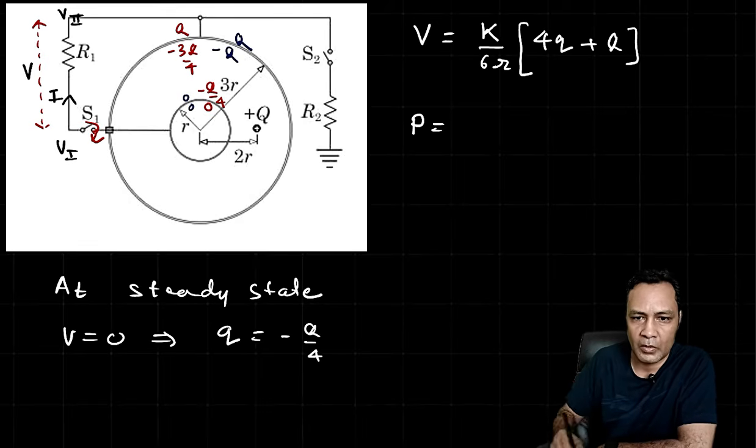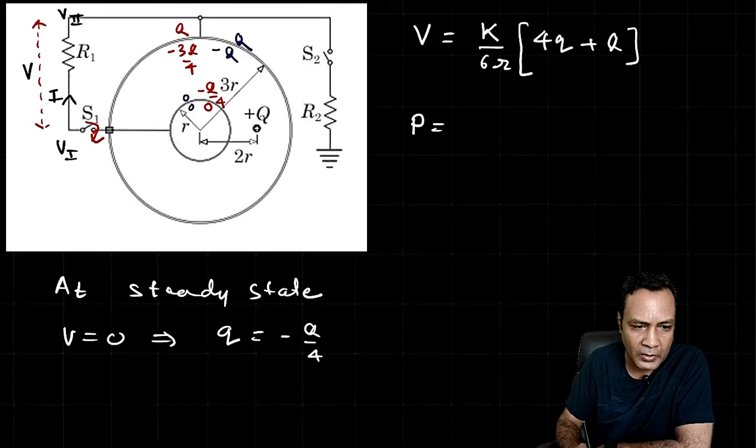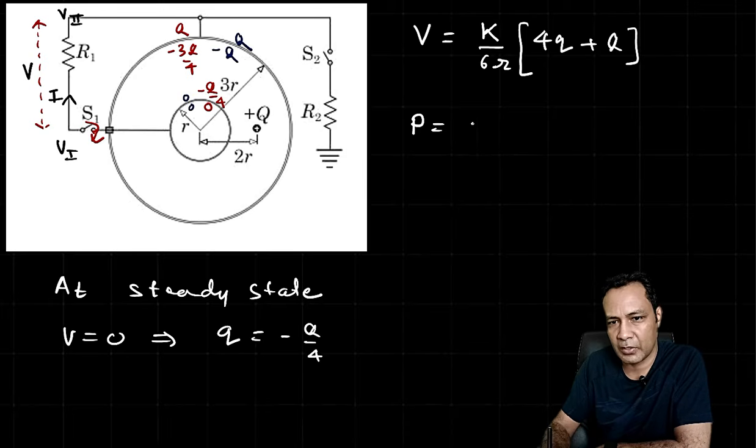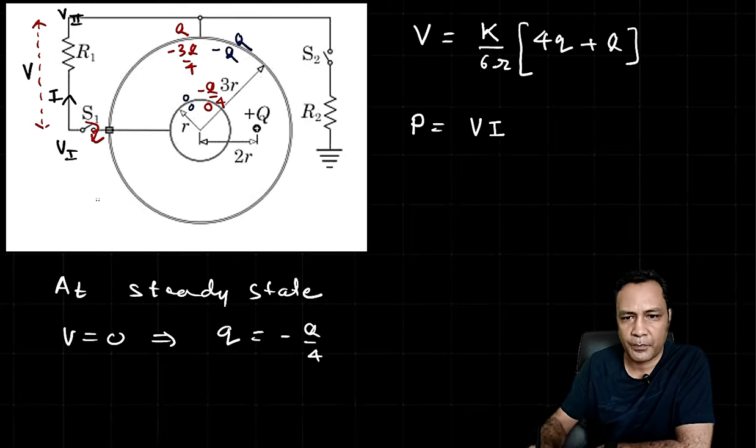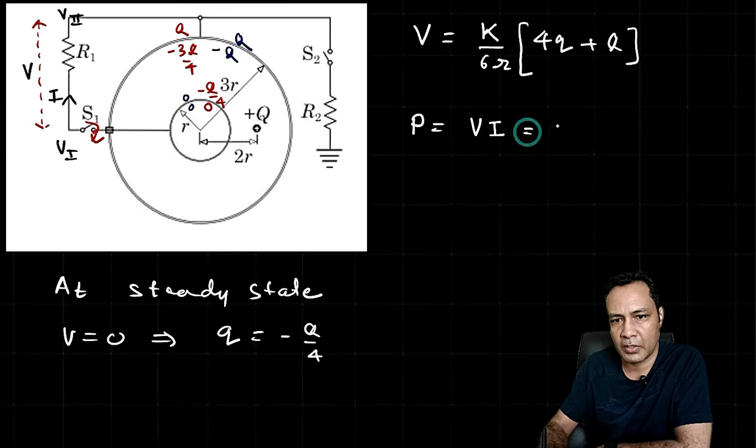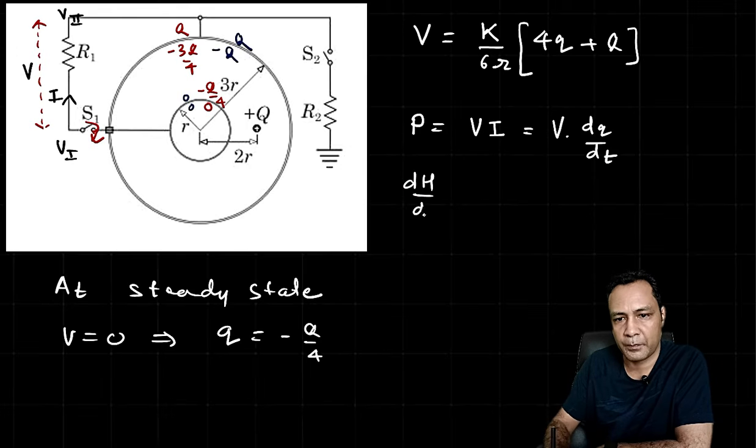You will see. So for the power dissipation, I am using this formula VI. V is the potential difference and I is how much? I is dq by dt. And P is dH by dt.